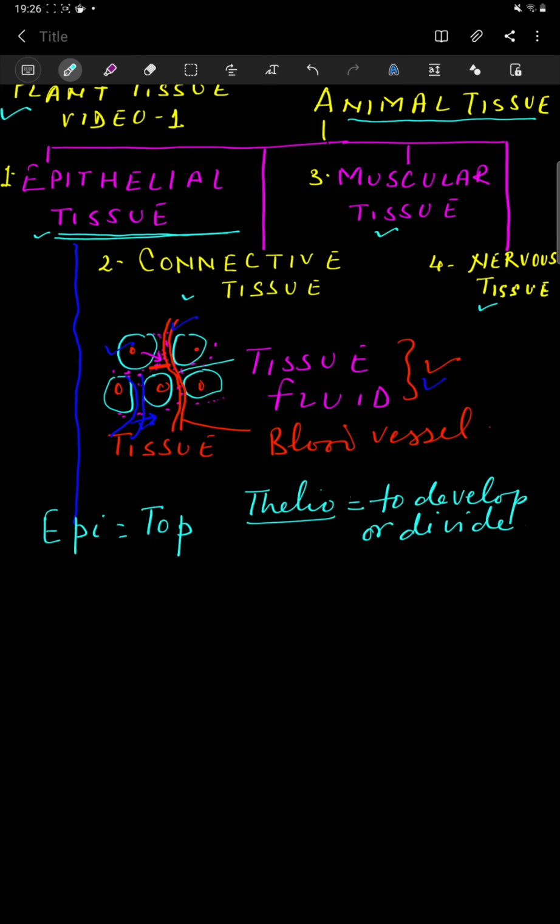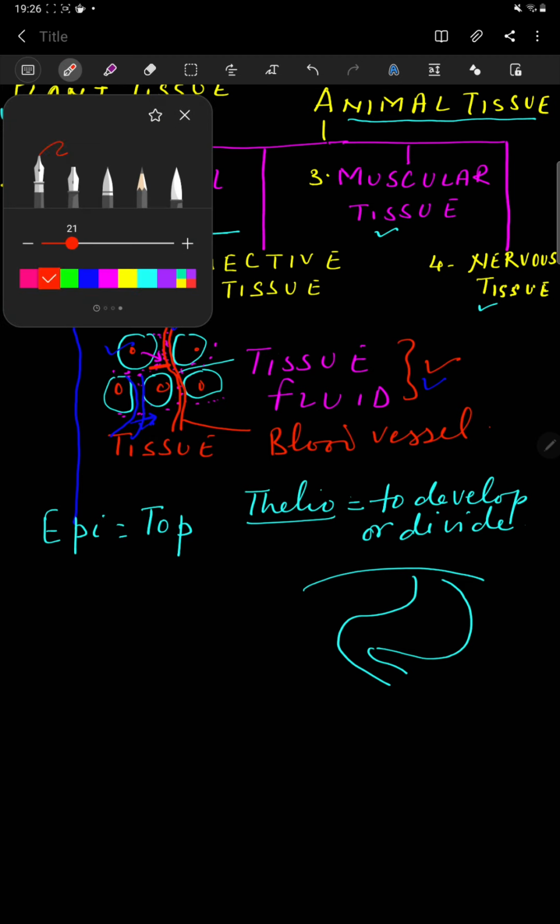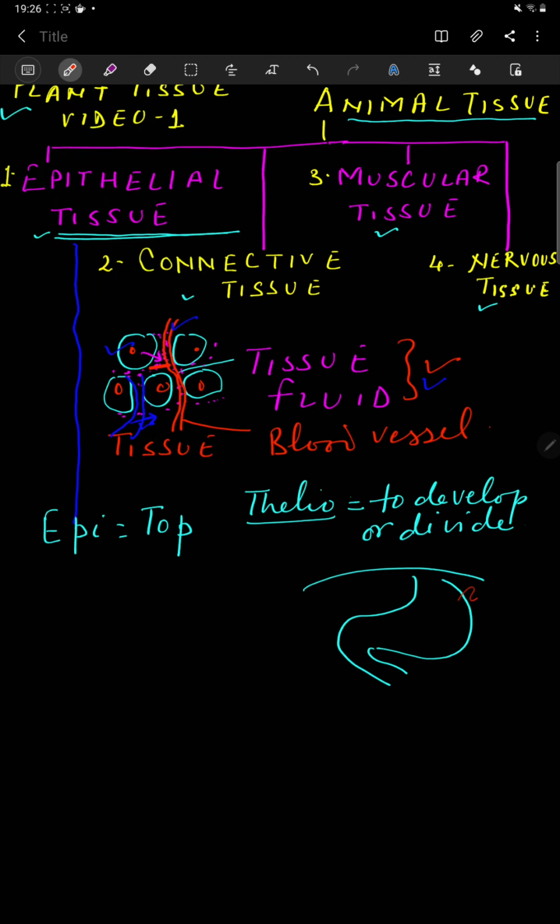Consider we have an organ, the stomach. It is there just below the diaphragm. I am making a diagram of the stomach. In this stomach we have two surfaces. One surface is towards the inner side, and the other surface is towards the outer side.